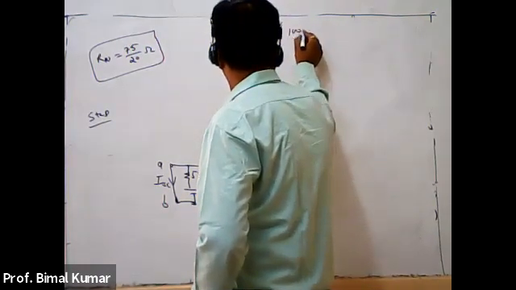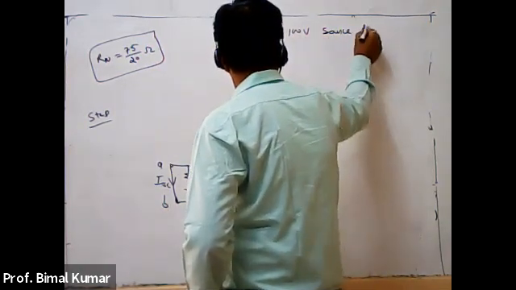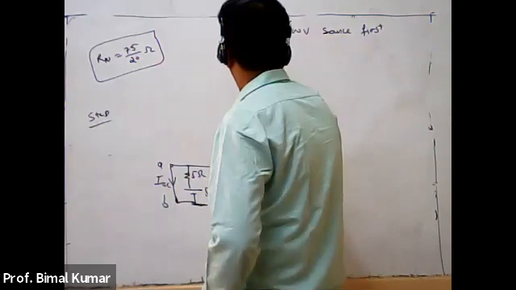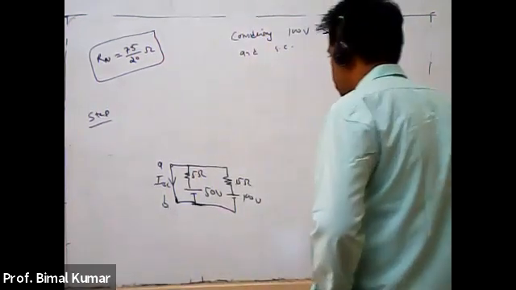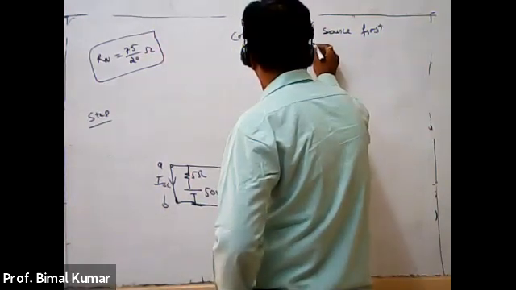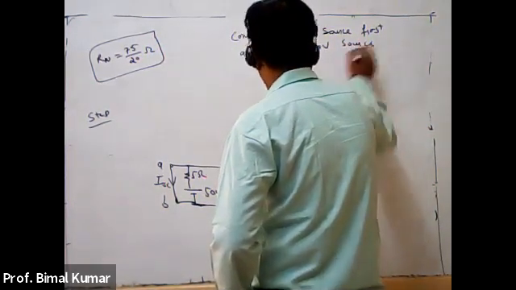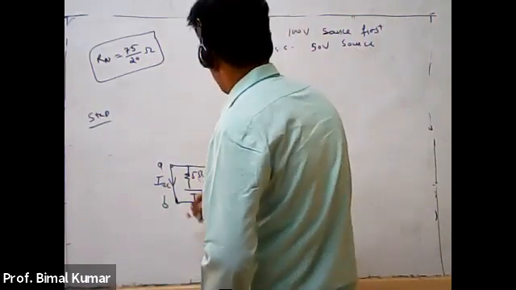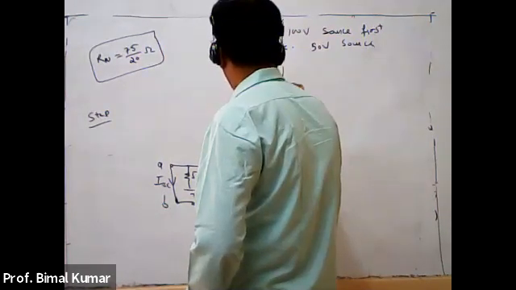100 volt source first, and short circuit the second voltage source, that means the 50 volt source, right? So this will be short circuit. At one time only consider one source.